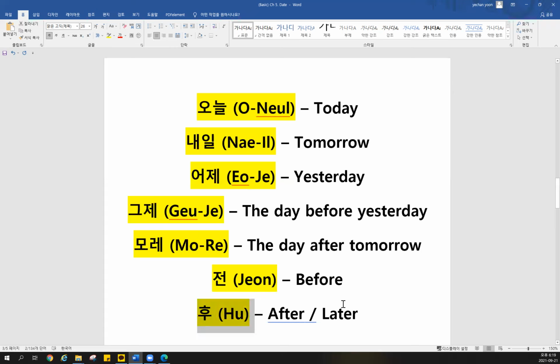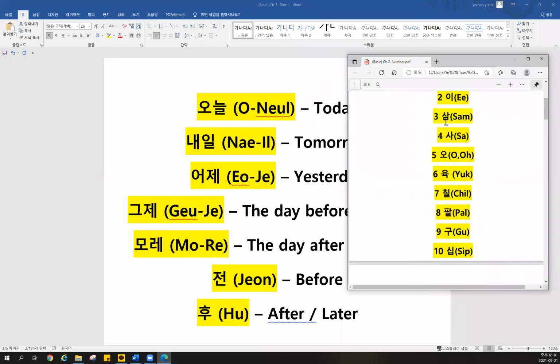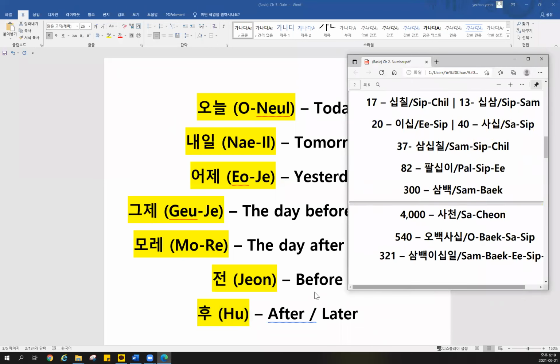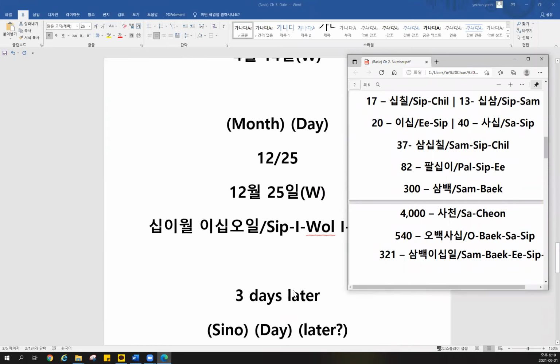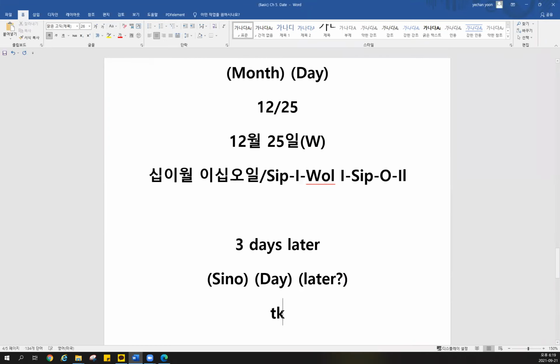And what was the 3? 3. So it's going to be 3, right? Now you can say 3. And what was the counting word for the day? 1. And the later was 후. That's all. 3, 1, 후.